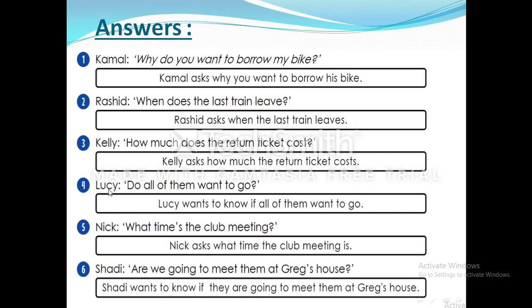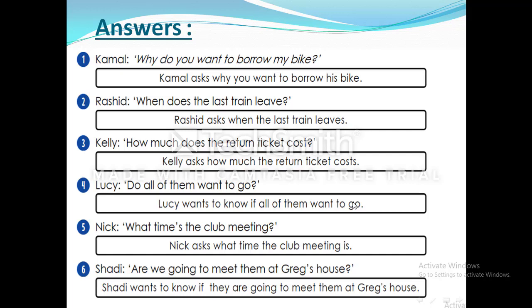Lucy wants to know if. I remove this auxiliary verb and I put four words: want to know if. And I complete all the question: all of them want to go.